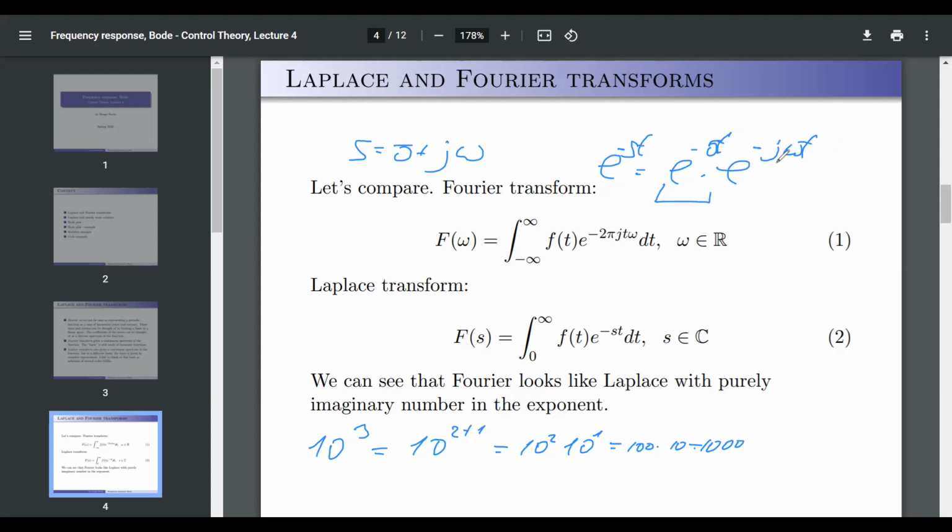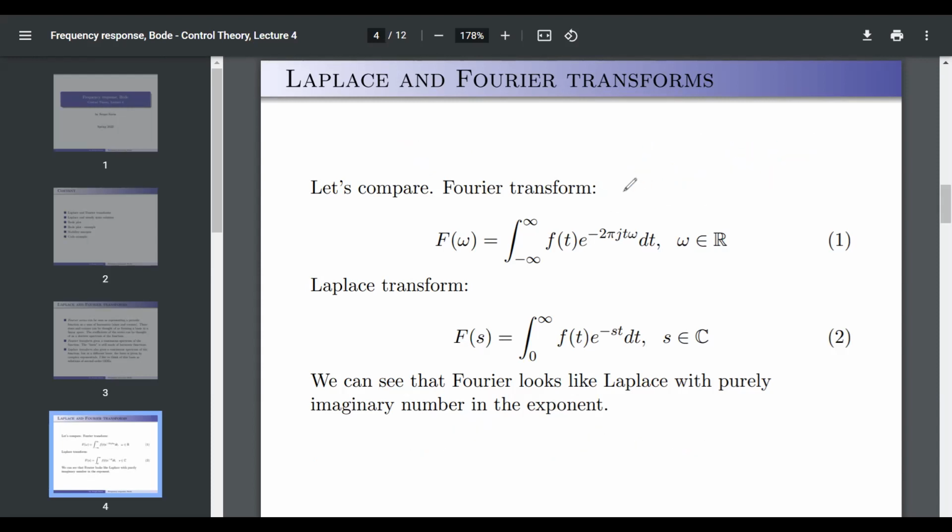Yes, t is here. Thank you. All right, so when is this guy going to be equal to 1? Oh, t is arbitrary, right? So let me clean it up a little bit. This guy is going to be equal to 1 when sigma is equal to 0.